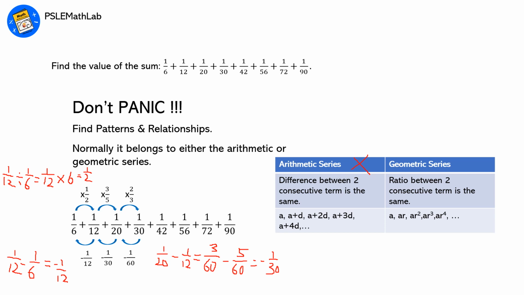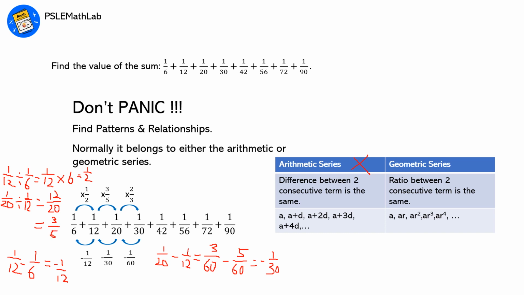Then we are going to use the third divided by the second, which is times the reciprocal, times 12, which equals 12 divided by 20. Then we divide by 4 for the numerator and denominator. So 12 divided by 4 is 3, and 20 divided by 4 is 5.